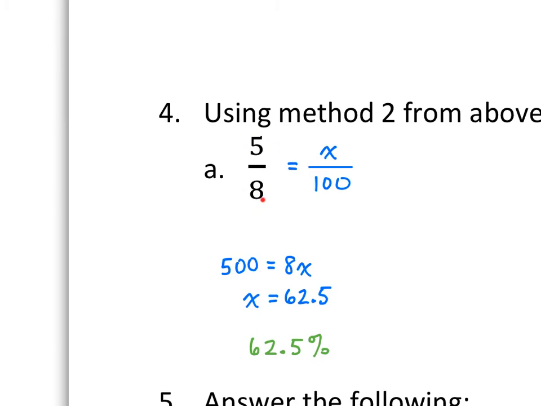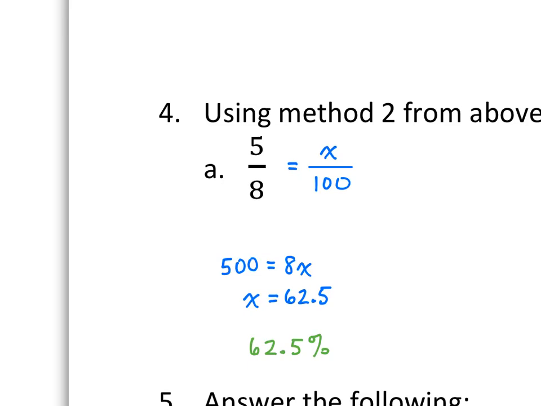All right, 5/8, 5 is what percent of 8, right? So we want to know what the percent is. So we just set it equal to x over 100, and we cross multiply and we solve. So 500 is equal to 8 times x, and we get 62.5 for x. So what percent is that? 62.5%.